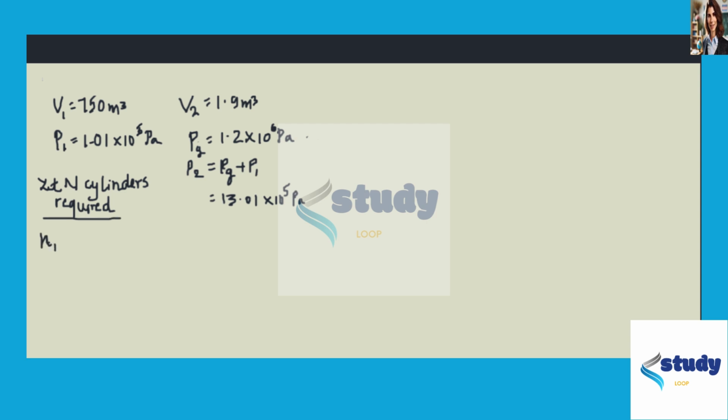N1 is equal to P1 V1 by RT. Since the temperature is the same, I just write RT. So what is the number of moles in each cylinder? N2 is P2 V2 by RT.